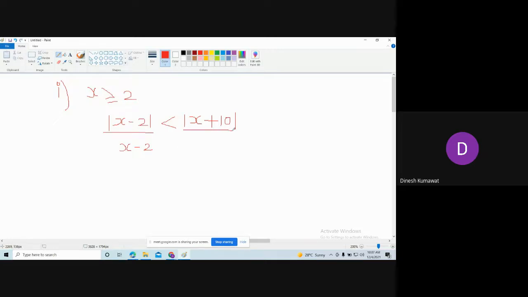Now what can you say about this modulus then? When x is bigger than or equal to 2, what are you going to say about this modulus? Sir, it will be negative.